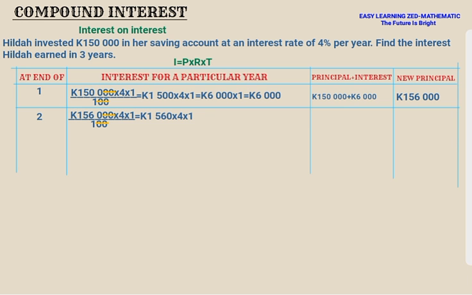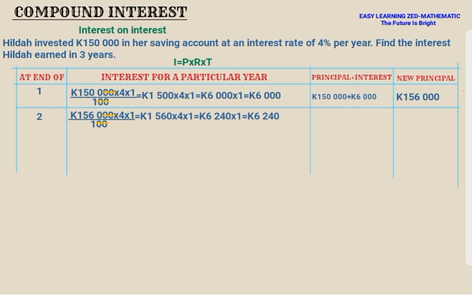Okay, then we say 1,560 multiplied by 4 will give us 6,240. Then we are going to multiply by 1. When we multiply that, it's going to give us 6,240.